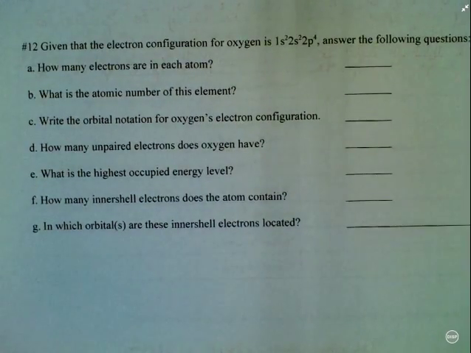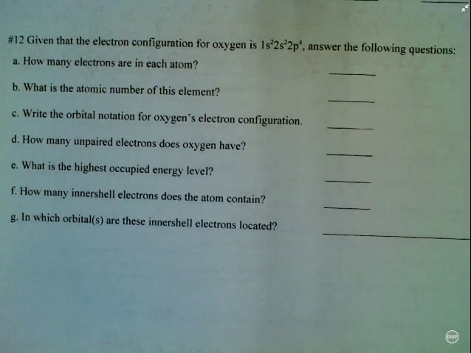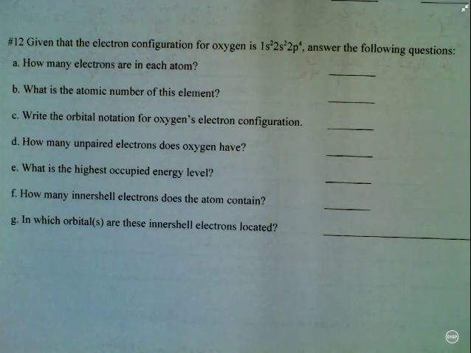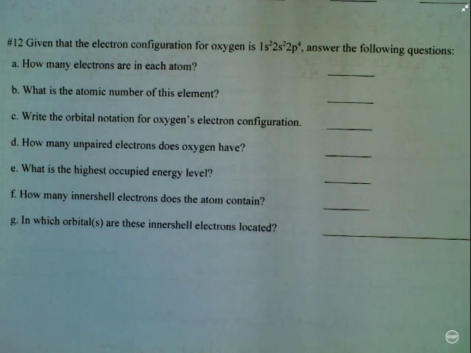All right, guys. We're going to do number 12 here. Given the electron configuration for oxygen being 1s2, 2s2, 2p4, answer the following questions. First, how many electrons are in each of these oxygen atoms? How do you know 8?